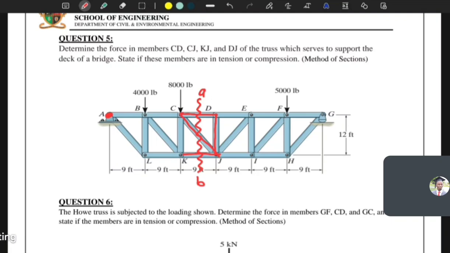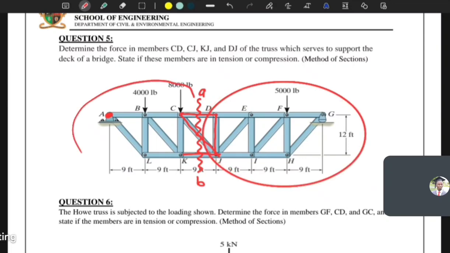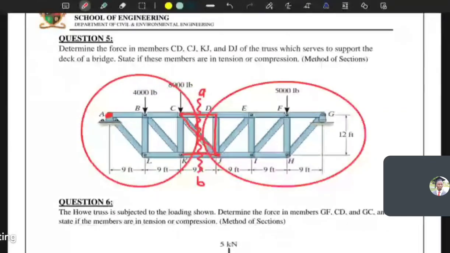But when I make my section, I need to choose now. Will I work with the section to my right, or will I work with the section to my left here? I notice that regardless of the section I decide to pick, I have reaction forces that will be involved.